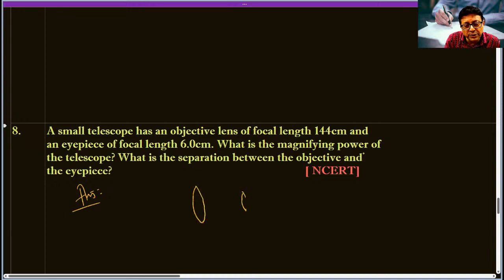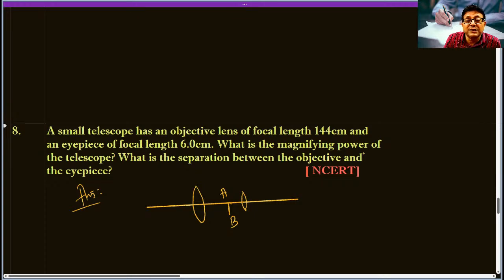This is the most important point to consider. Rays coming from infinity will form the image here, which is at the focus of the second lens. Okay. Now the final image is formed at infinity.